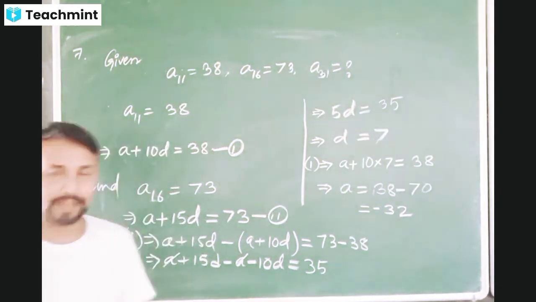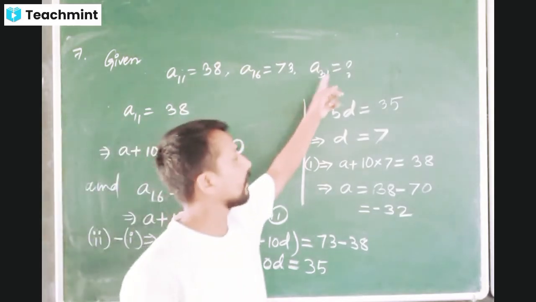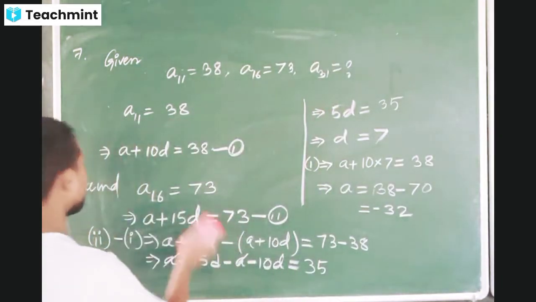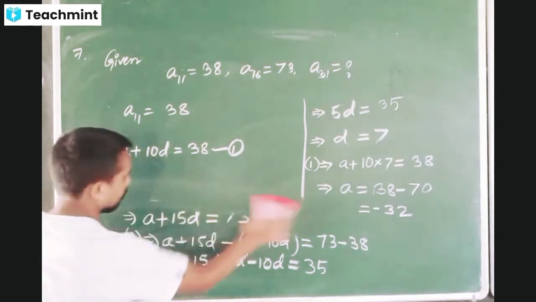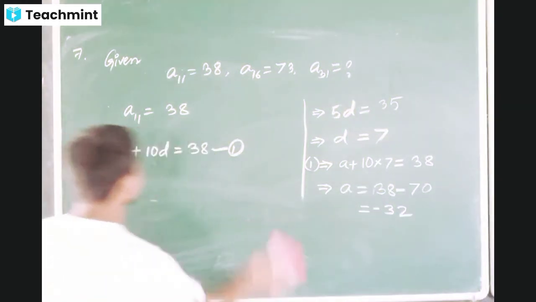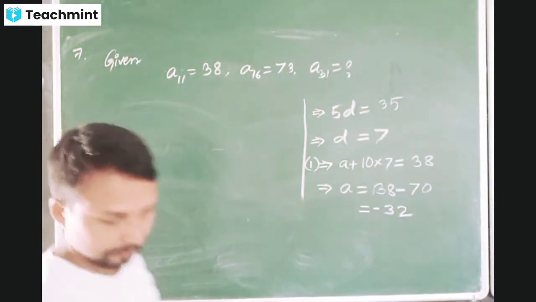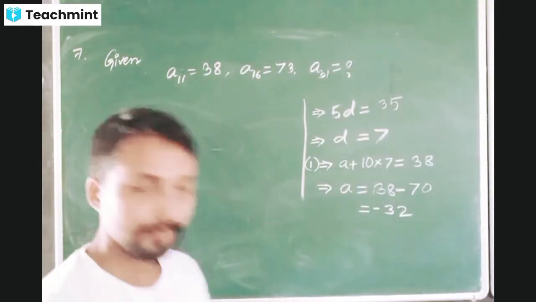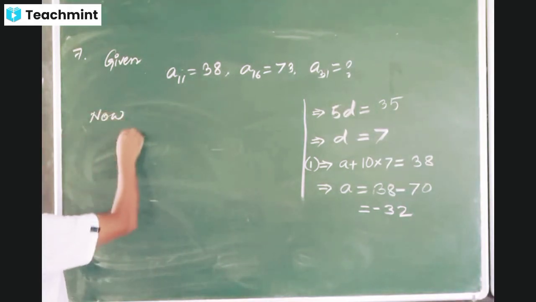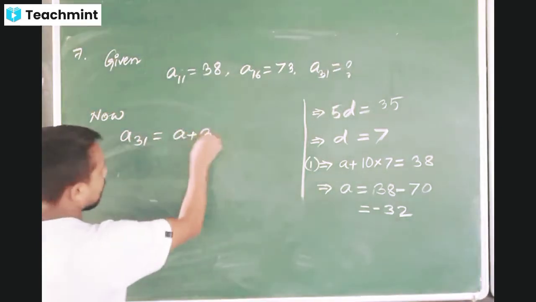Now it is easy for us to get the value of A31. A31 equal A plus 30D.